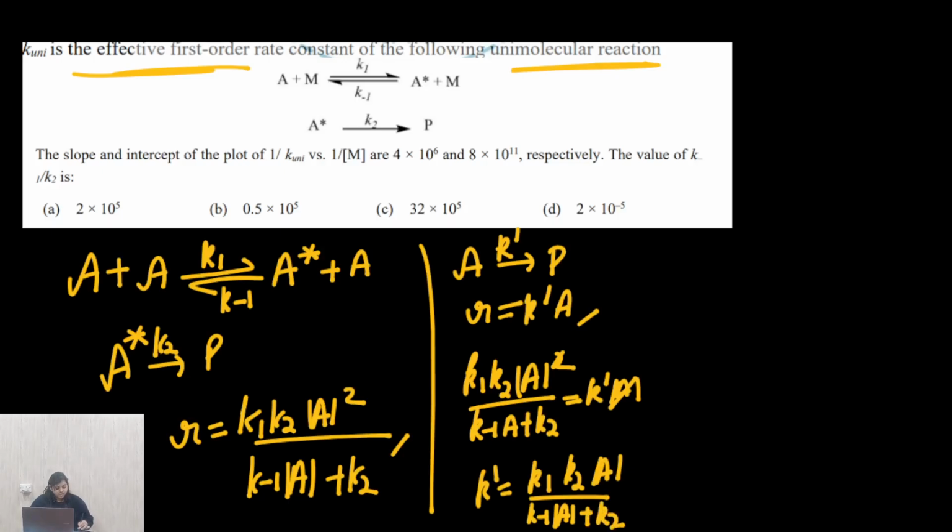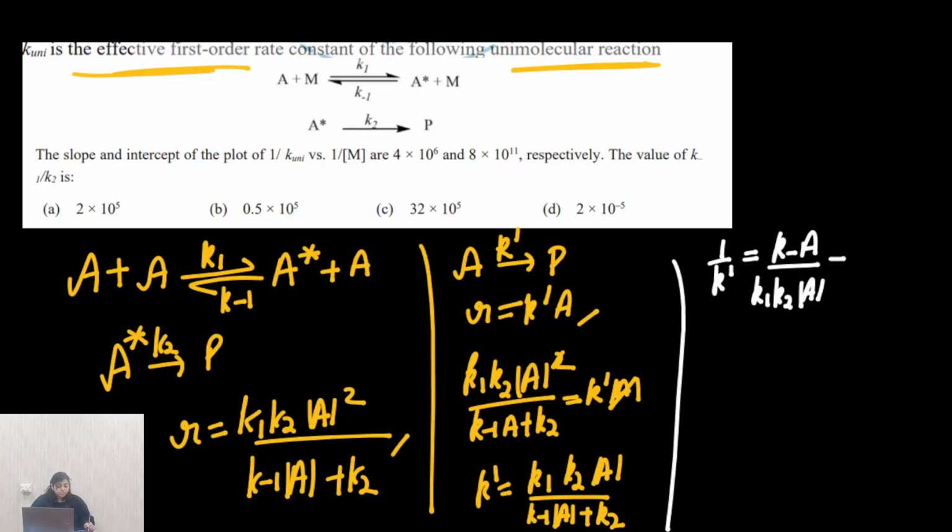Now they are saying the plot has been drawn for 1 by K-uni, which means 1 by K dash. So 1 by K dash will be equal to K inverse of A upon K1 into K2 into A, plus K2 upon K1 K2 times A. So this K2 gets cancelled, and A and A get cancelled.